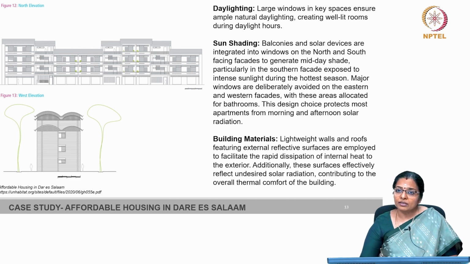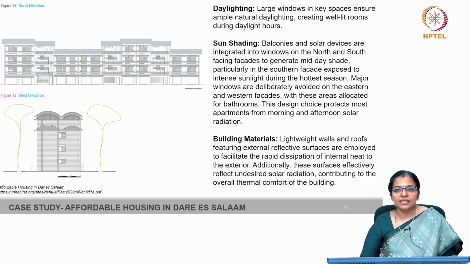The building materials contribute to thermal comfort because they have used lightweight walls and roofs with external reflective surfaces, which is an exactly opposite strategy that is being used in Jaisalmer, which is a hot dry climate, and therefore these surfaces also effectively reflect undesired solar radiation, enhancing the overall thermal performance of the building.